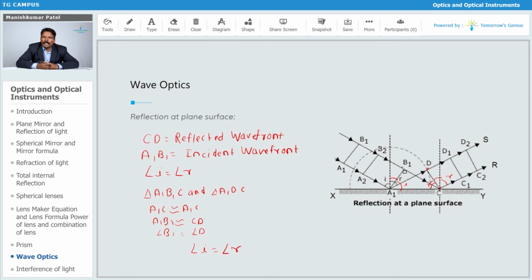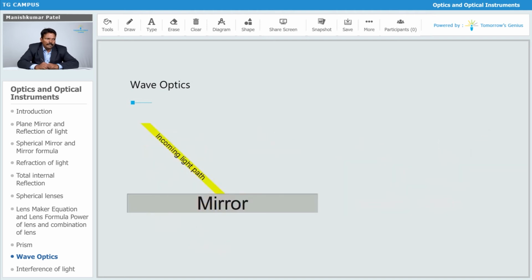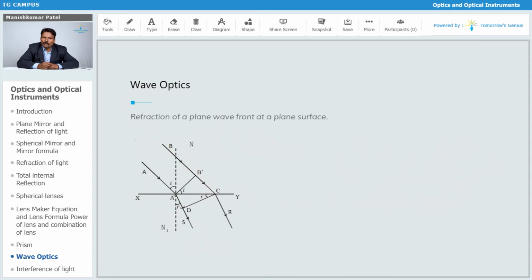Similarly, for the incoming light path and the mirror, it gets reflected, and we get the same result.